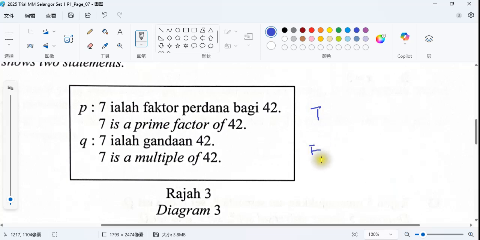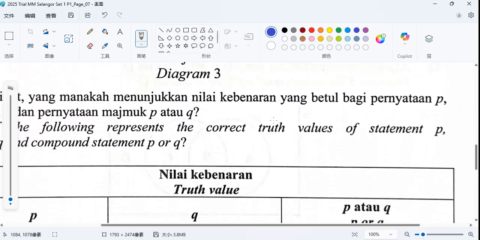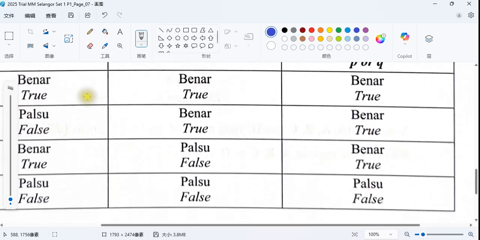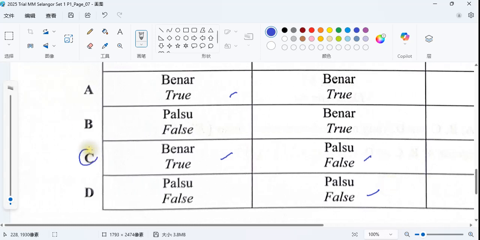This is false, so it is a factor. Okay, factor. So we have true, false here, and then "or" will become true. So the answer is C.